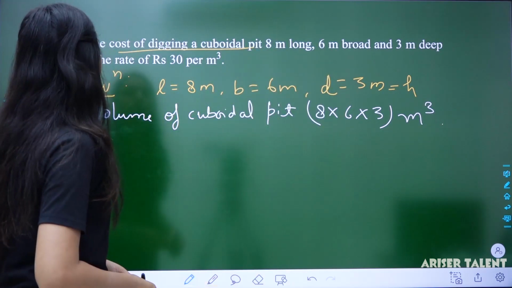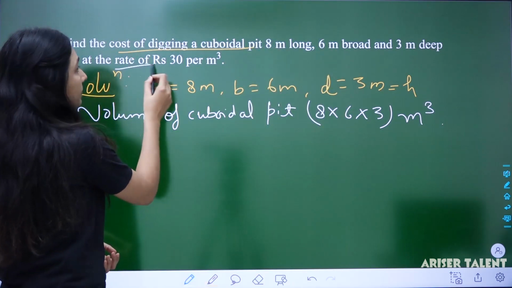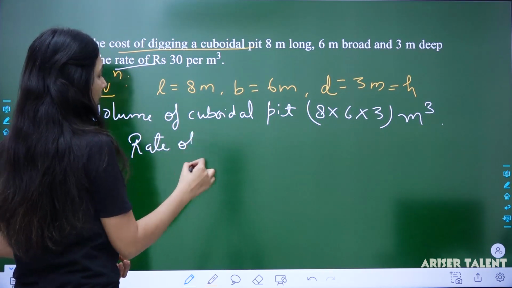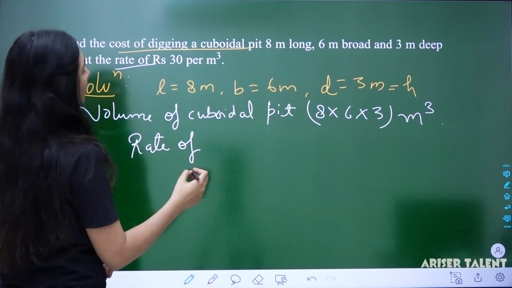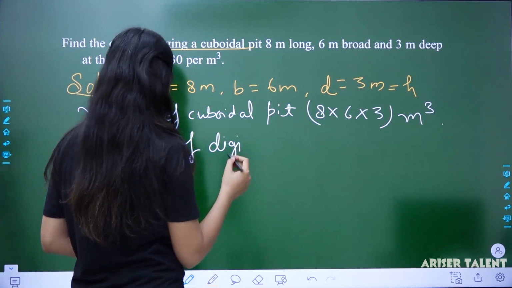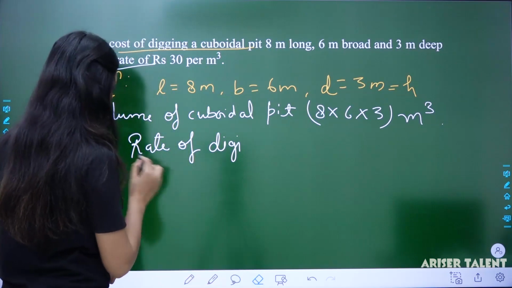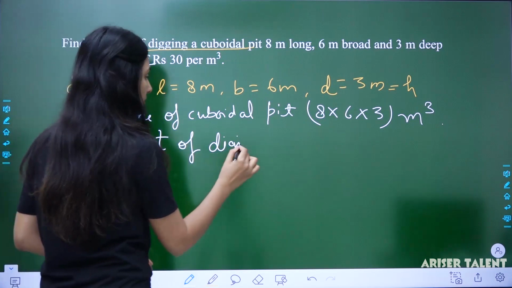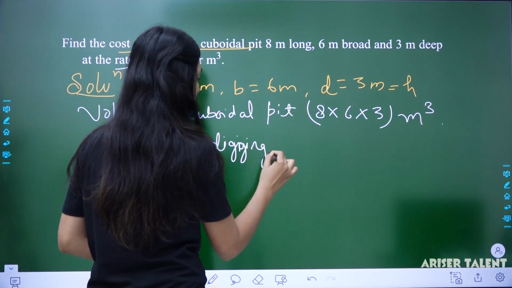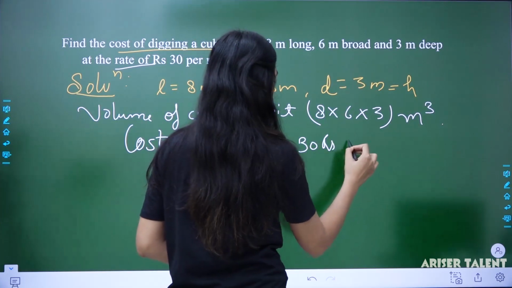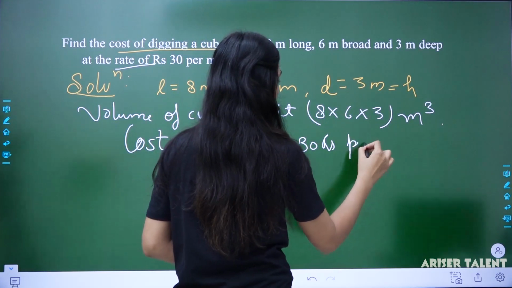Now the rate of digging, or cost of digging, is equal to 30 rupees per meter cube.